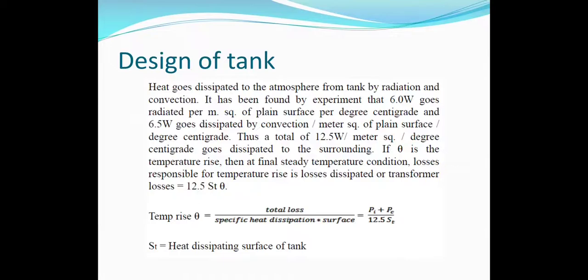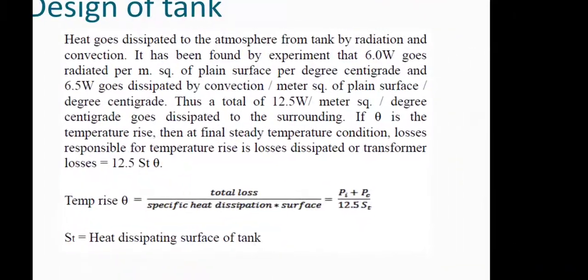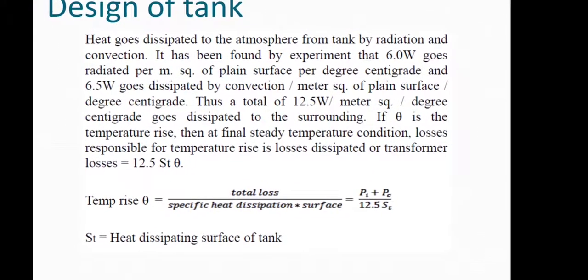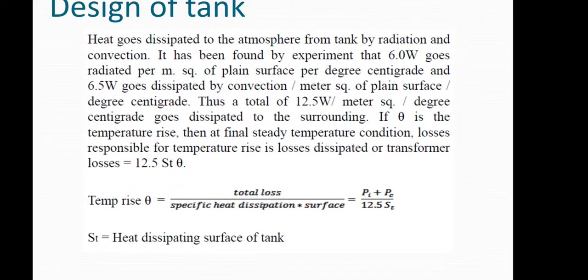So this is the derivation relevant to the design of tank, where the temperature rise depends on the total loss divided by specific heat dissipation into surface area. Here the specific heat dissipation is due to convection and radiation, and in the tank the heat dissipation occurs by means of convection and radiation alone, not by conduction, so we are not including that value.